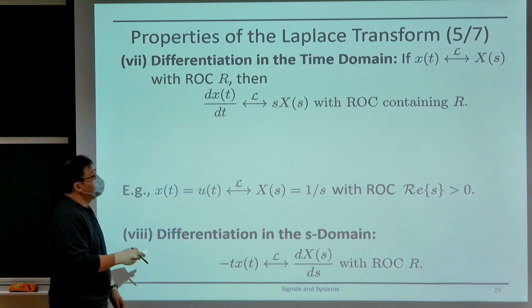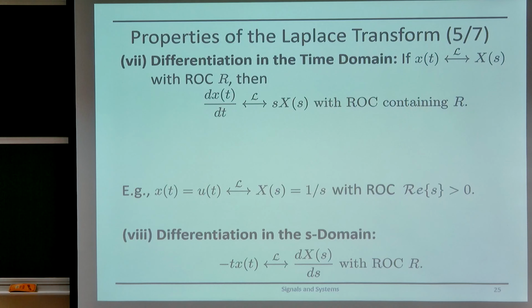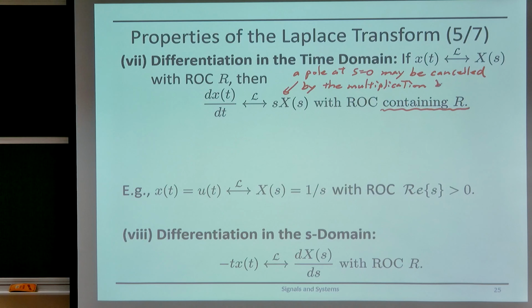So this is something you can directly observe for possibly getting a larger ROC containing R. A pole at s equal to 0 may be canceled by the multiplication by s.